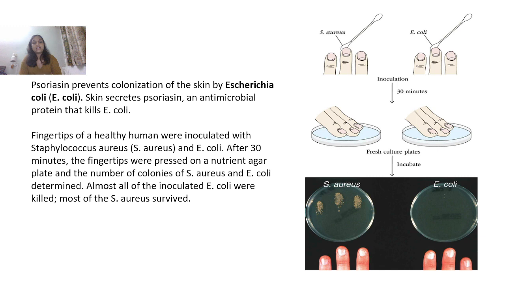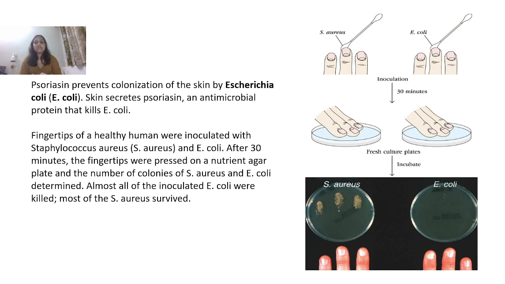After 30 minutes, the fingertips were made to press on a nutrient agar plate. In this agar plate, the agar is kind of a food for the bacteria. So they put Staphylococcus aureus on one hand, and E. coli on the other.